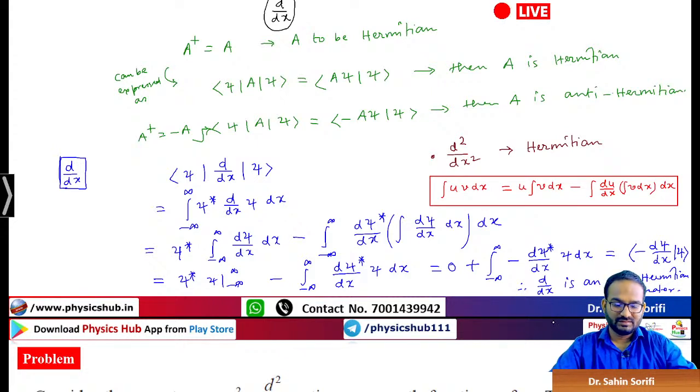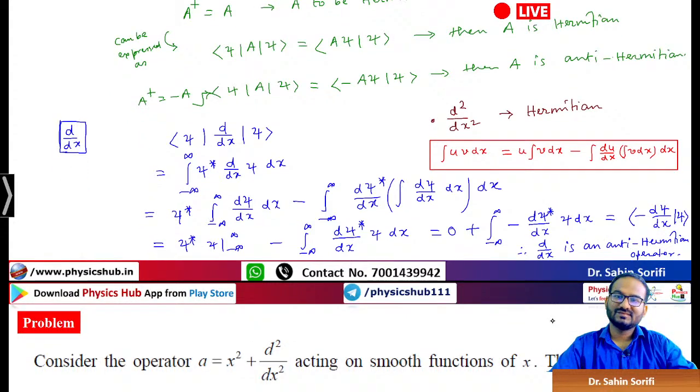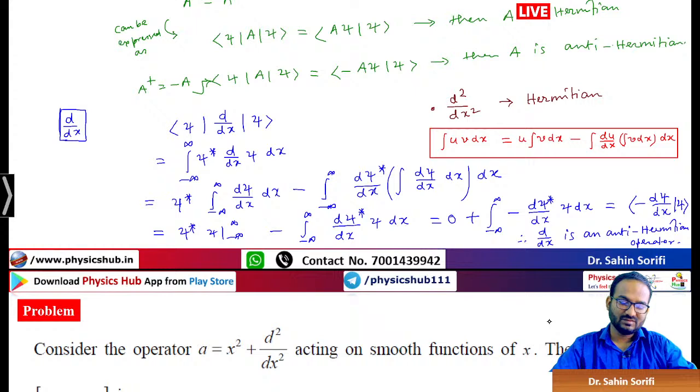d squared by dx squared is even? No, it doesn't work in that way. d squared by dx squared is an operator. How can you say whether an operator is even or odd?